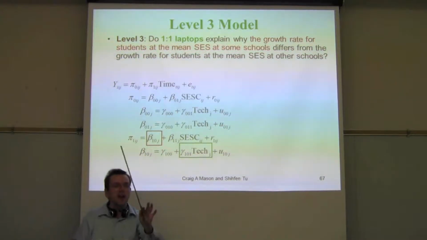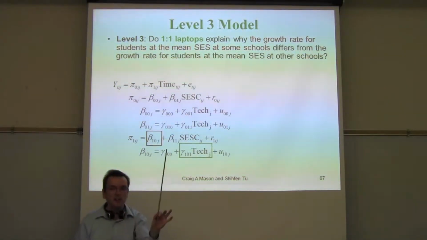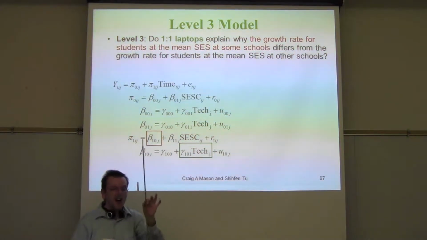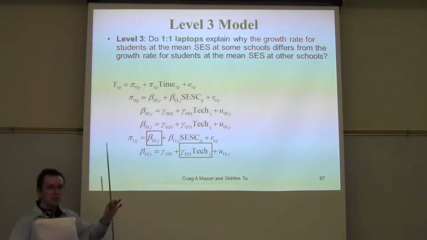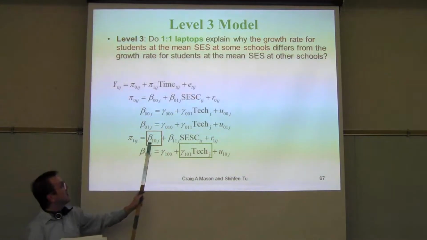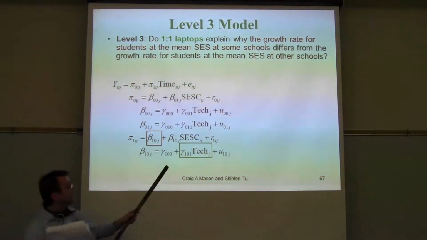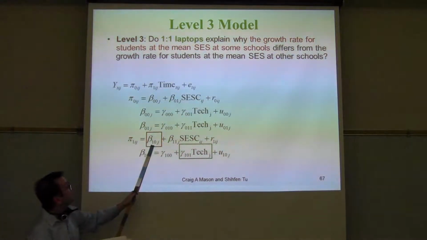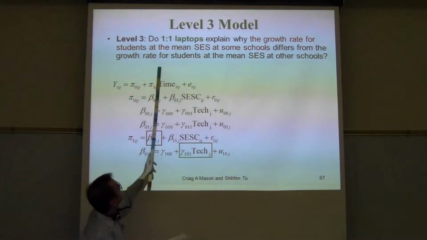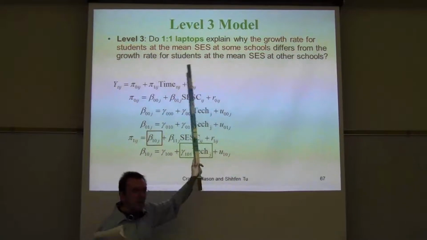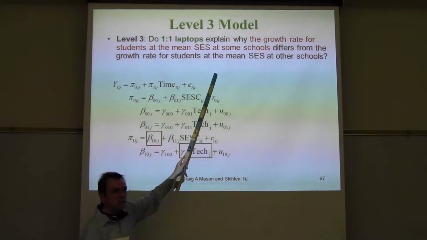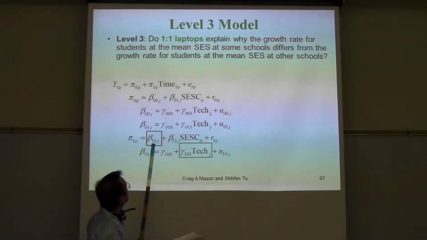Because this is being filmed, I know there's more subtlety to this. If anyone goes on to take my HLM course, don't worry, unless you take the class. It's a great class. So you can think of that growth rate, for the average kid at the school, as what beta 10J is.